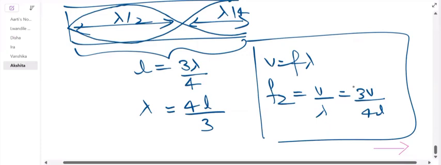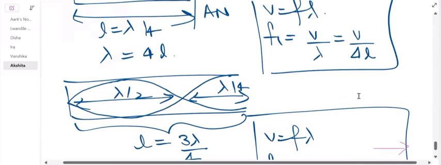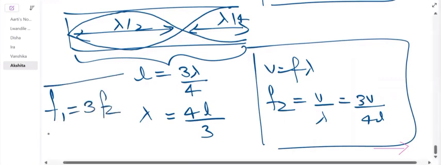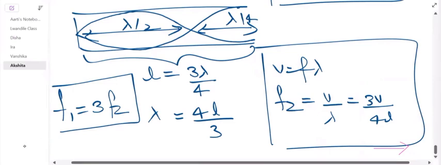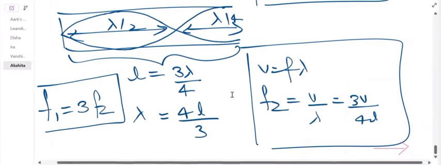So if I choose for this, it was V over 4L, and here it is V over 4L 3 times. So my second frequency is 3 times of the first, correct? Okay. So this is how you have to just do it. And similarly, you will find for other things also.